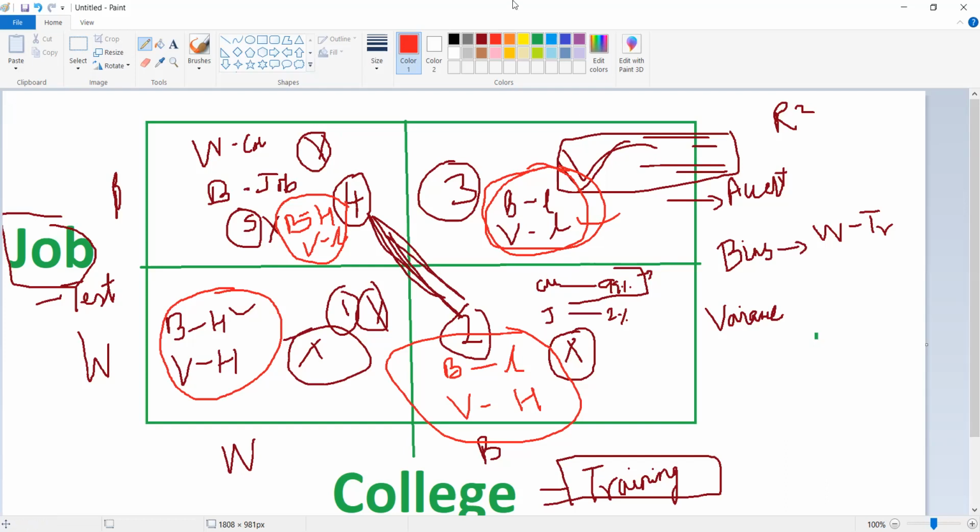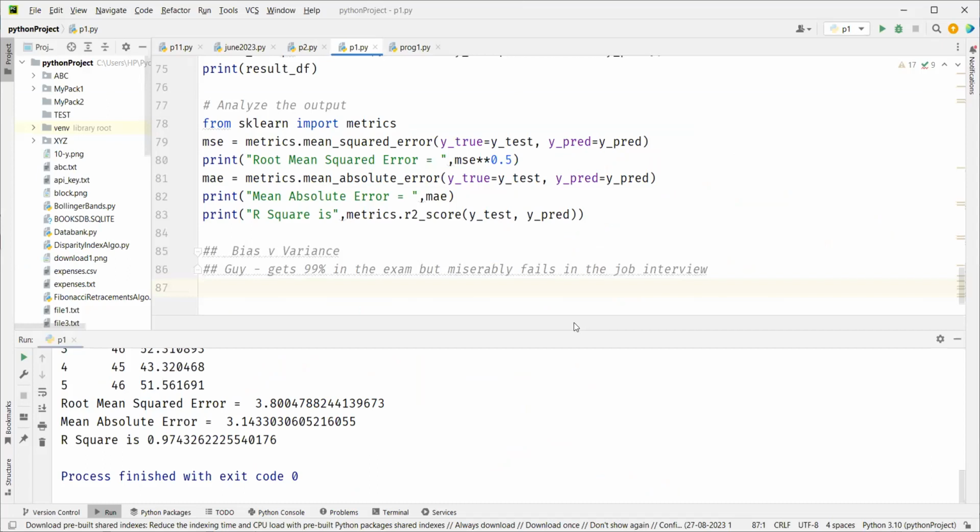Okay, let's go back. What did I say? What is bias? Bias is the accuracy on the training set, isn't it? Here we did it on the test set, correct? So this is bias or variance?